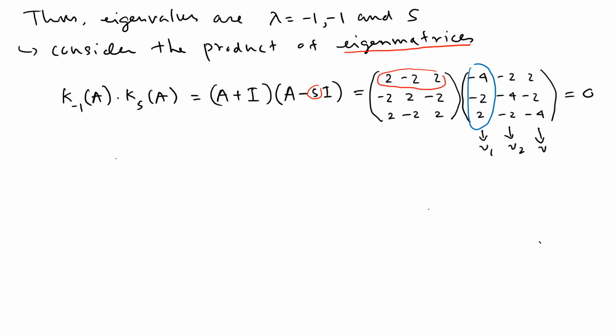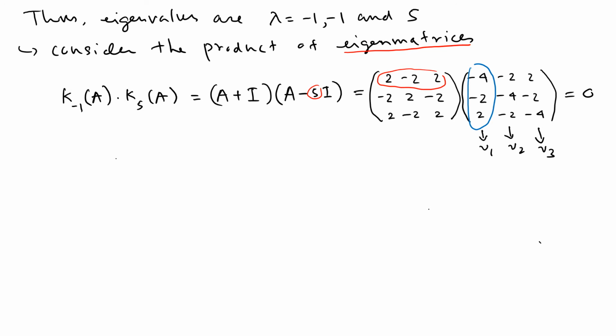The first column, second column, third column are just vectors. So what you are doing is simply multiplying a vector with the corresponding matrix. For example, if you want to find the eigenvector for lambda equal -1, what you are trying to do is multiply A plus I with an eigenvector.